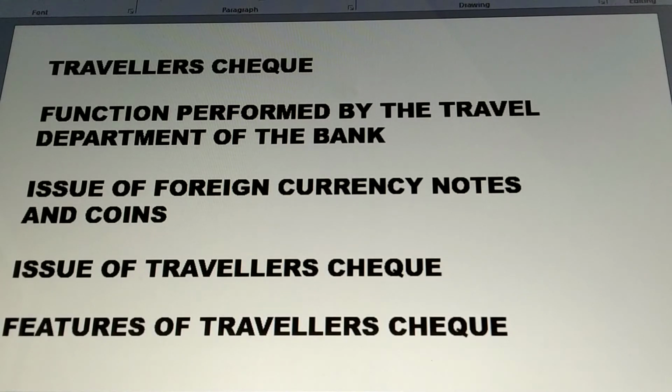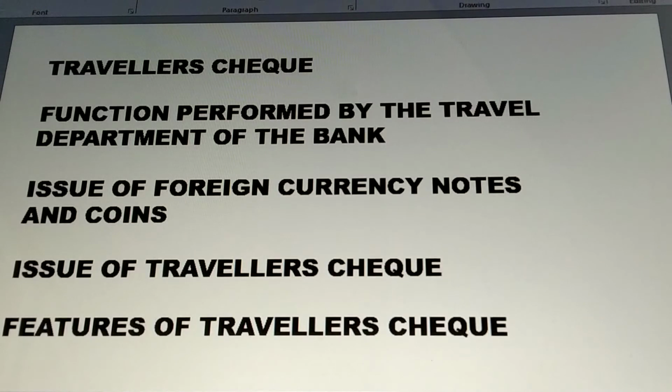Likewise, when a foreign national, any foreigner, travels to India, he is in need of Indian currency. So he can approach the travel section of a bank and obtain Indian currency, notes and coins, by exchanging an equal amount of foreign currency.